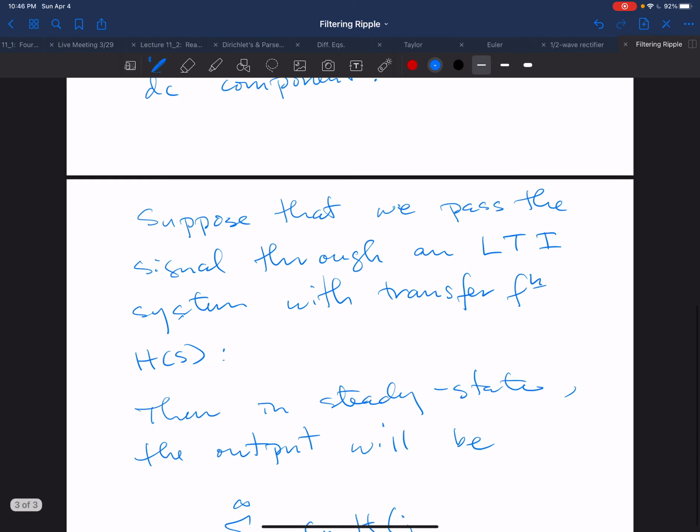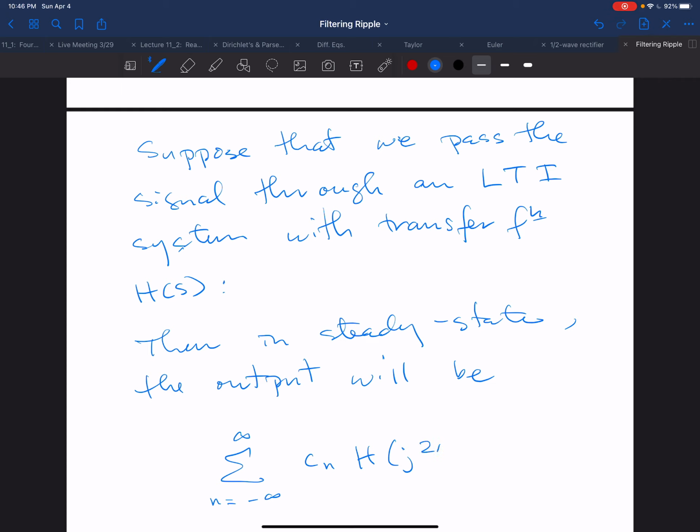So all we have to do is find the frequency response of the system, namely the transfer function, evaluated at j omega, where omega is the angular frequency of the sinusoid in question.